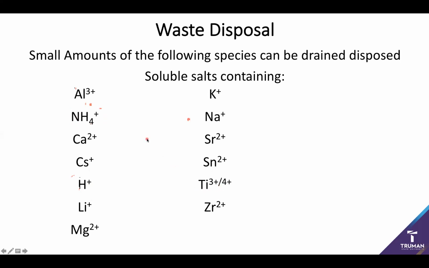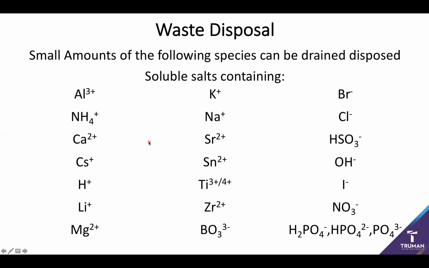We also have some of our anions, and they include some common ions like bromine, chlorine, and iodine, which you're going to find in a lot of food products, as well as nitrates, which are also found in many food products but suffer some of the same issues as ammonia, as they can be an environmental pollutant.